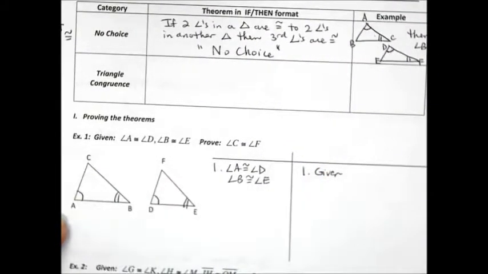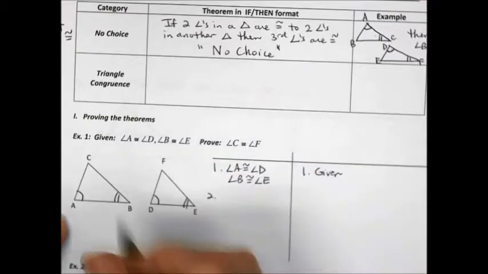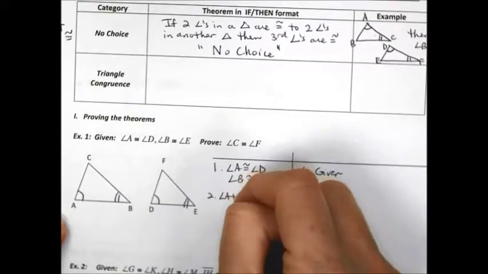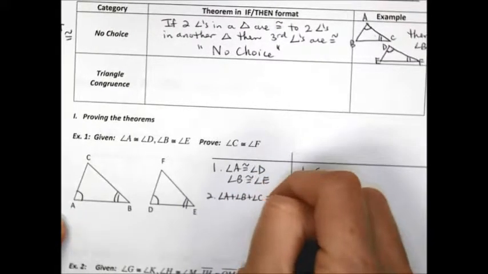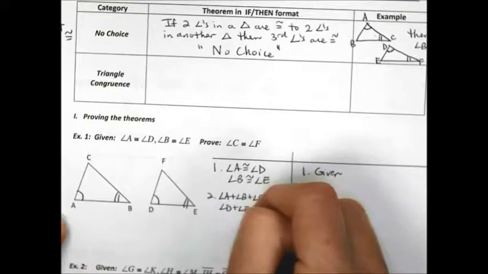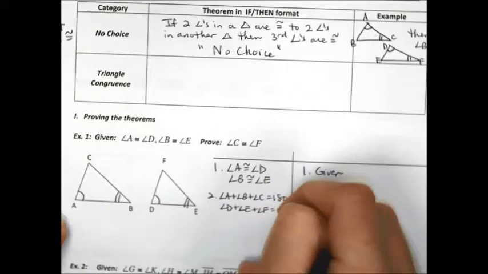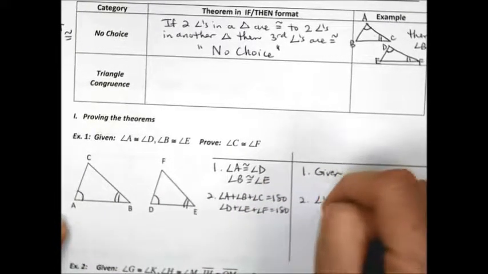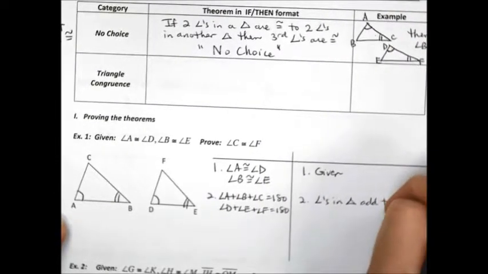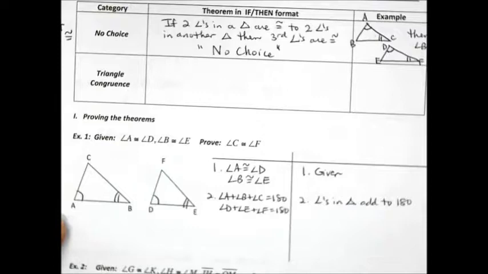All right, so we're going to use what we learned in the first section, which is that the three angles in a triangle add up to 180. So angle A plus angle B plus angle C is 180, and angle D plus angle E plus angle F is 180. And I'm just going to say angles in a triangle add to 180, or you can say something similar.